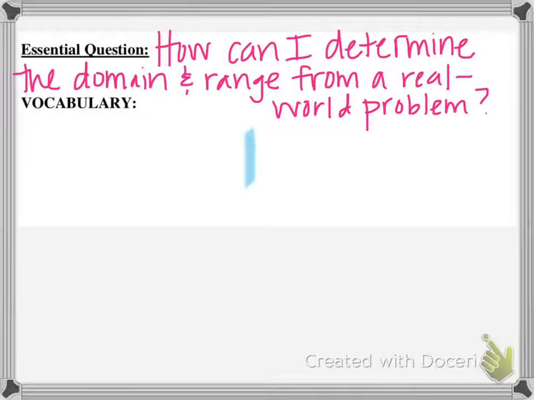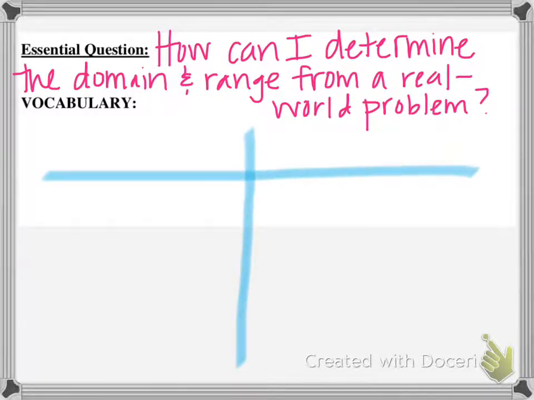So we're going to start off by reviewing some vocabulary in a big old T-chart. We've got X on the left and Y on the right. Just in case you can't see those, I'm going to highlight them.